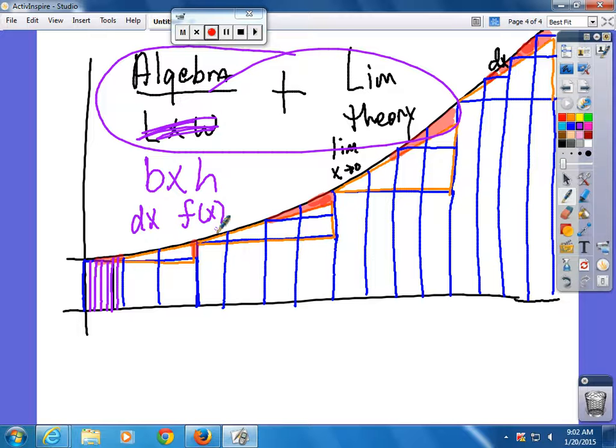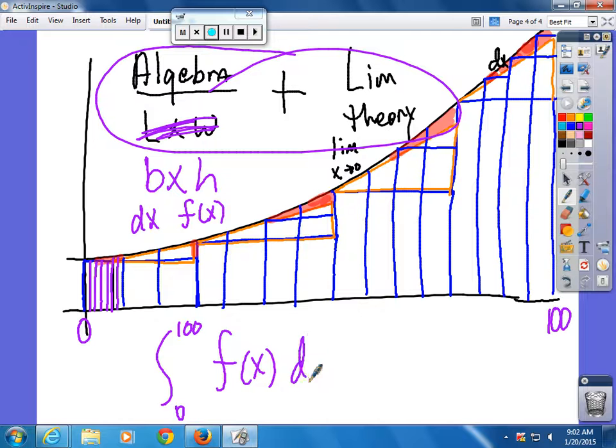Now, the antiderivative basically says, let's say this is 0, and let's say this is 100. The antiderivative from 0 to 100 of f of x, what? Riemann's theorem tells you, take this guy. Let's say this first line is a half inch wide.